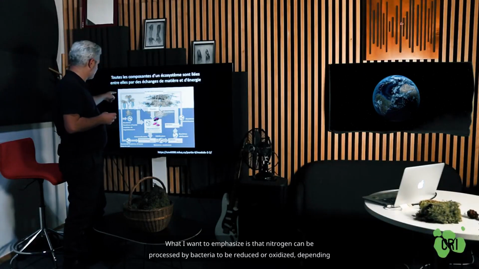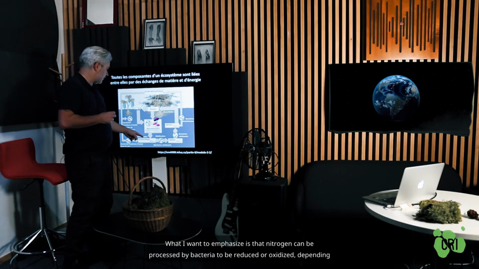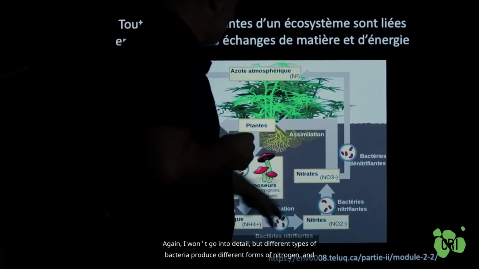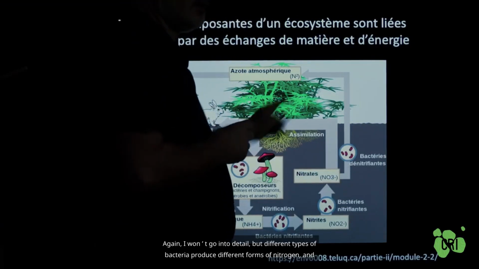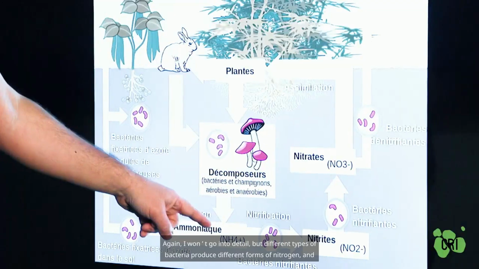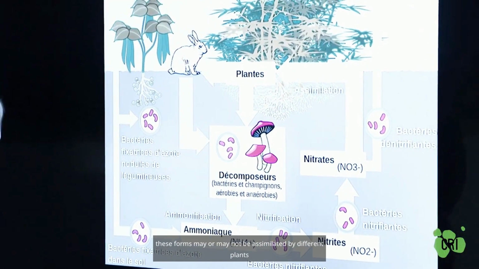What I want to emphasize is that nitrogen can be processed by bacteria to be reduced or oxidized, depending on the type of reaction. Again, I won't go into detail, but different types of bacteria produce different forms of nitrogen, and these forms may or may not be assimilated by different plants.